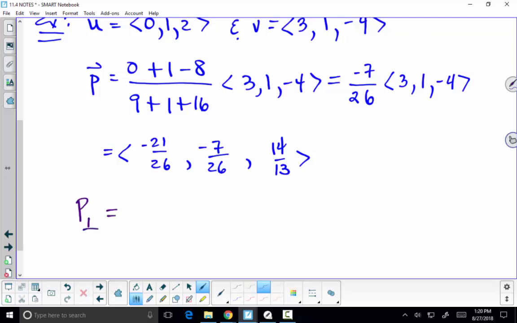So then P perpendicular. When we look at this picture up here, the idea between P and P perpendicular, sometimes this book calls it W, is that the sum is going to give us back vector u. So we're decomposing u into these two perpendicular, or orthogonal, vectors that add up to u. So if we're trying to find a component representation of P perp, we just subtract P from u.